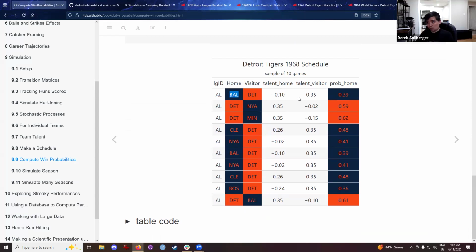Here, the home team Orioles have much less talent than the visiting team Tigers. So the probability of the home team winning is less than 50%. In the second game, the home team Tigers have more talent than the away team Yankees. So the home team has a win probability of over 50% and so forth.